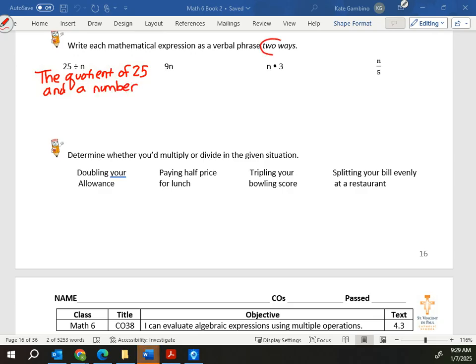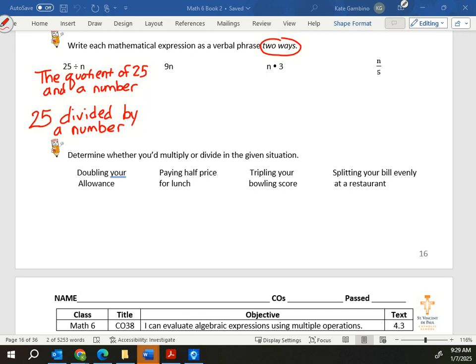Now it does say to do it two ways, so what's another way I could write that out? Adeline: 25 divided by a number. They both mean the same thing.